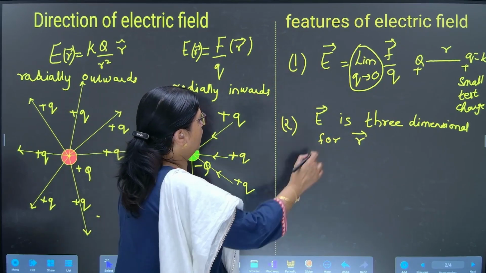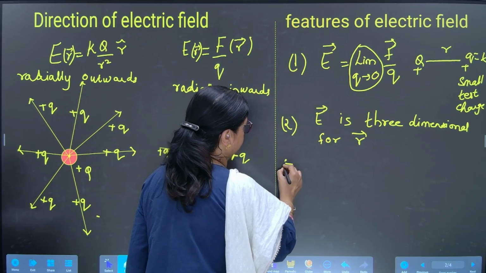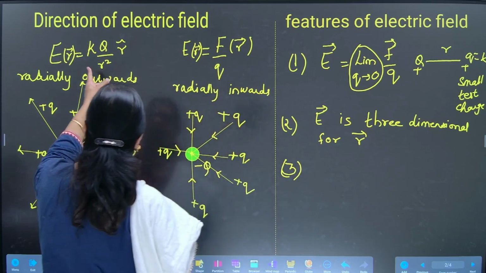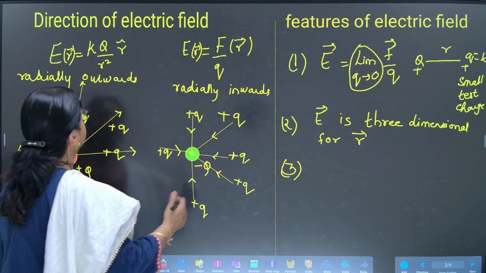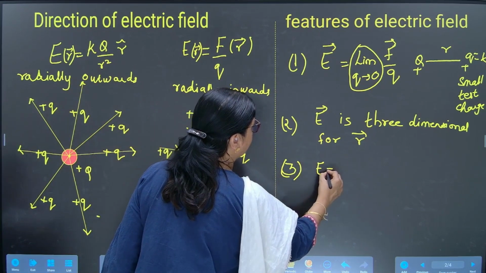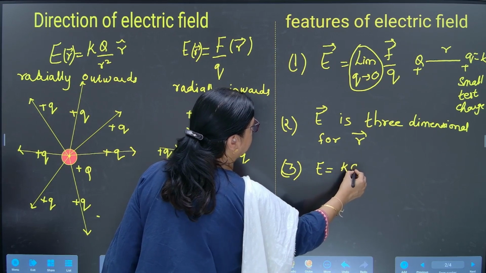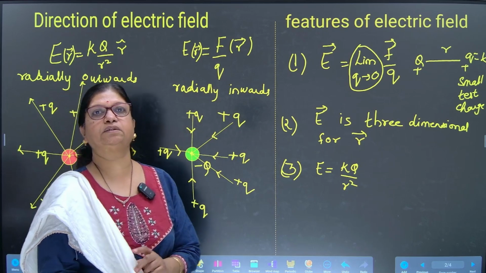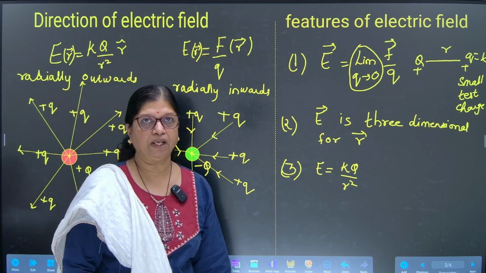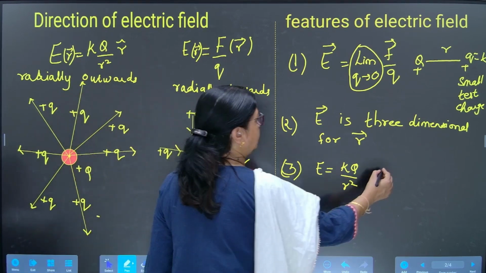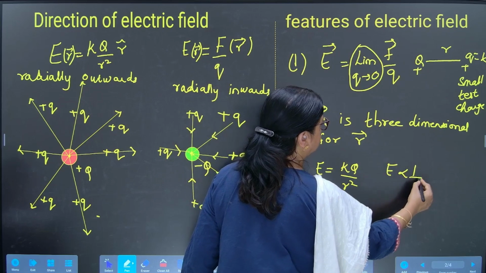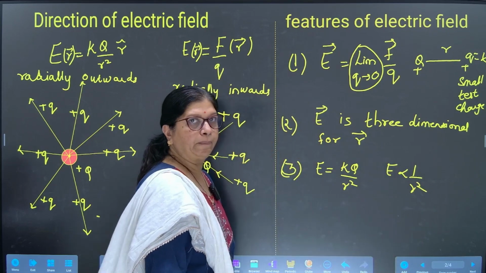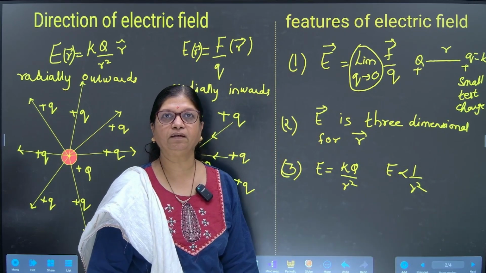Fine. Now let us come to the third feature, where as you can see from the definition, E is equal to, I am just writing the scalar quantity, that is the magnitude of electric field. You can see E is inversely proportional to R square. Right? What does that mean?